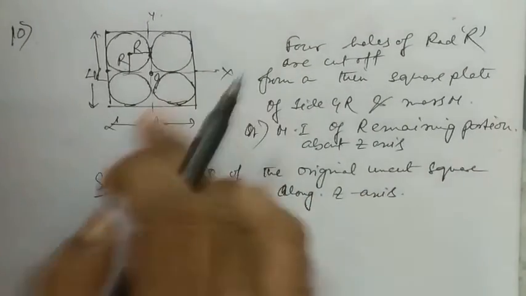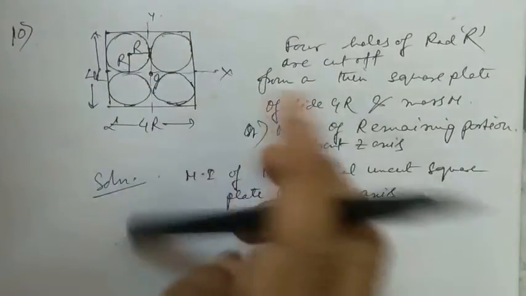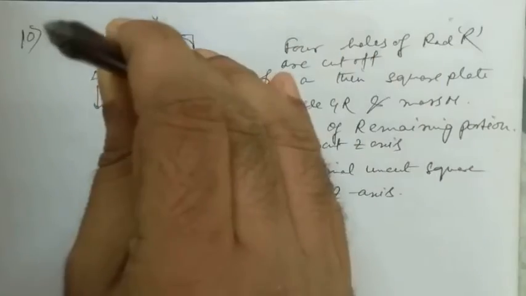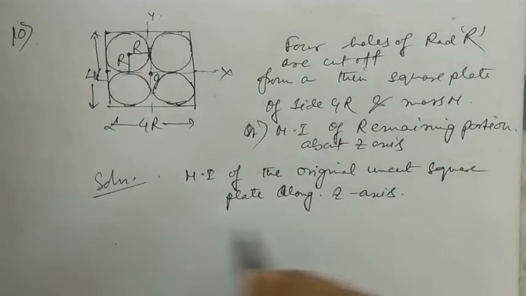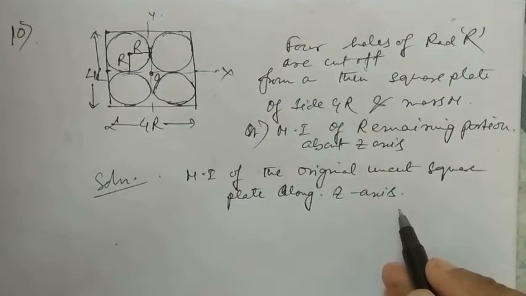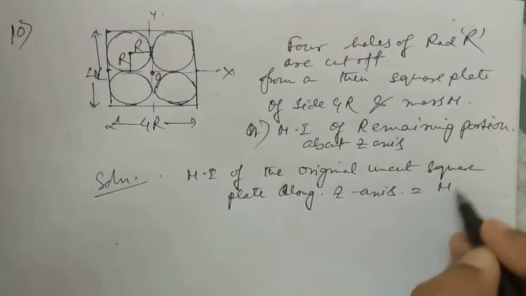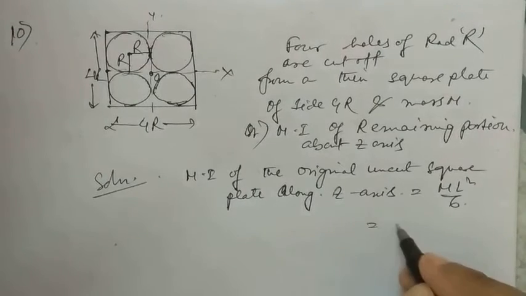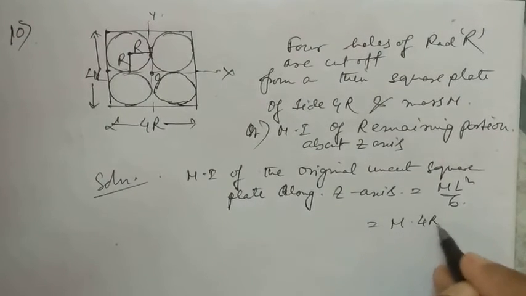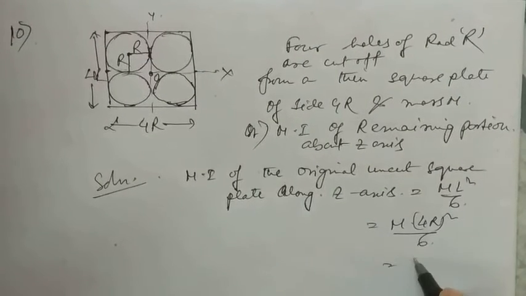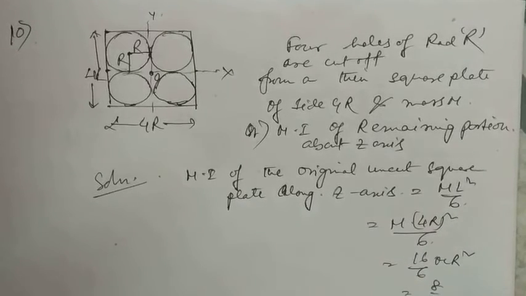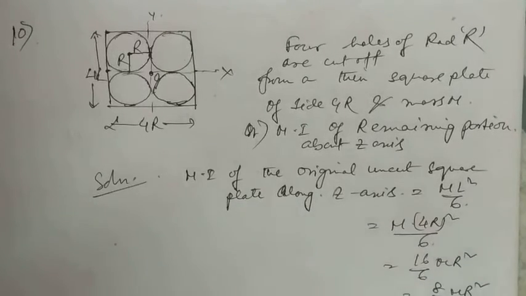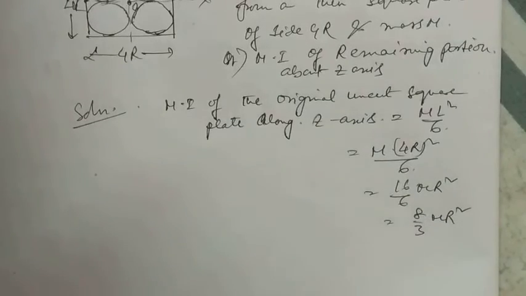If this is x and this is y lying in the plane of the plate, then z will be like this. The moment of inertia of the original uncut square plate along the z-axis is ML square by 6. Here L is equal to 4r, so it is M into 16r square by 6, which is 8 by 3 Mr square. So we have finished one part.